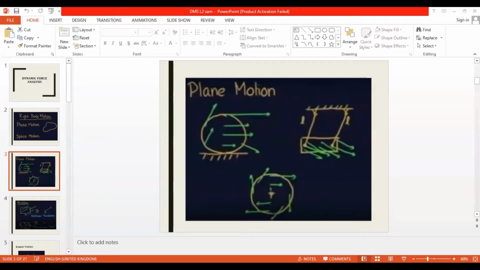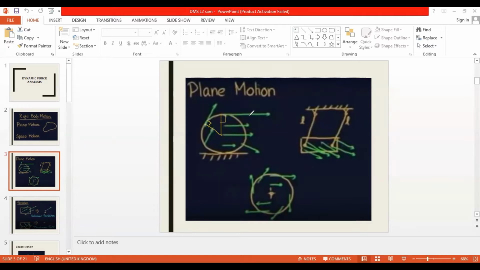So if I can draw, the tangent would be from the center to this point. So the motion of these particles at the edge would be, not perpendicular, tangential in the sense.